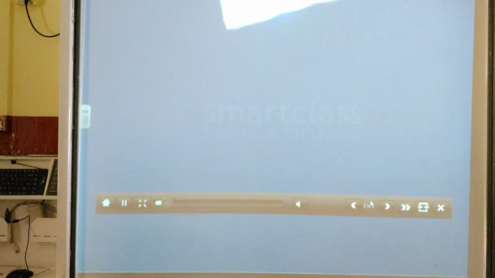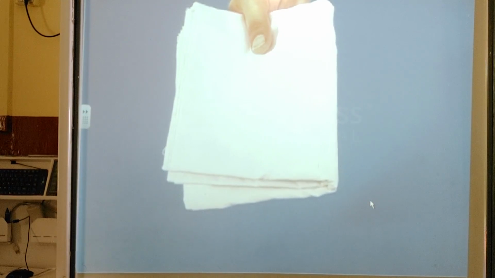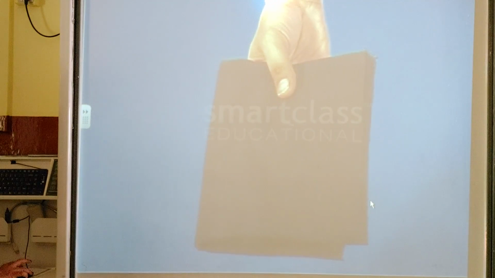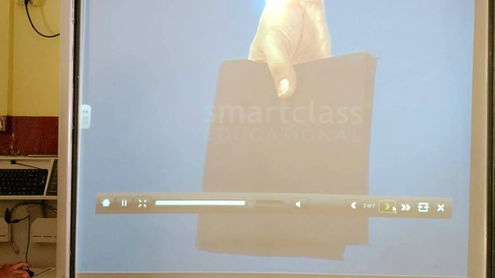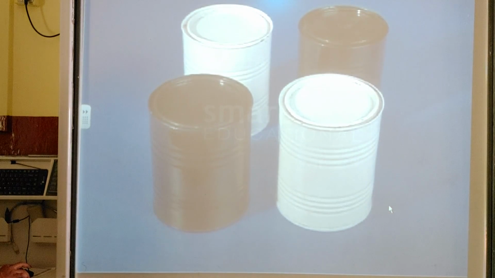Have you ever wondered what is the effect of color of a surface on the absorption and release of heat? Let us perform a simple activity to answer this question.